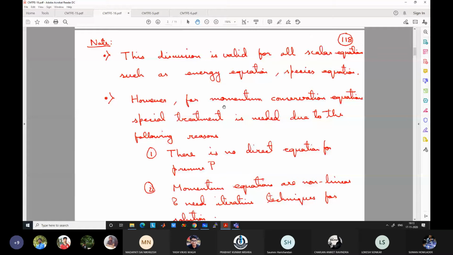One is that momentum equations also contain a pressure term, and because of the pressure term you have an additional unknown, the pressure. So if you have a 3D problem, you have three momentum equations for the u velocity, v velocity, and w velocity, but four unknowns: u, v, w, and p.